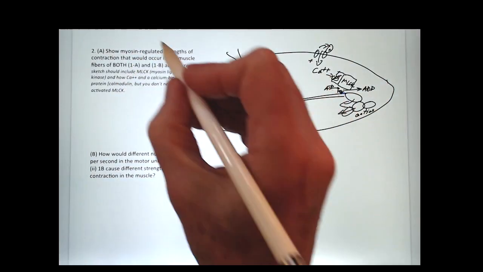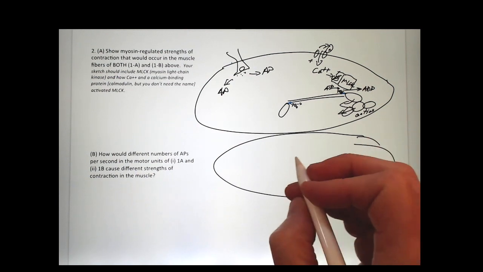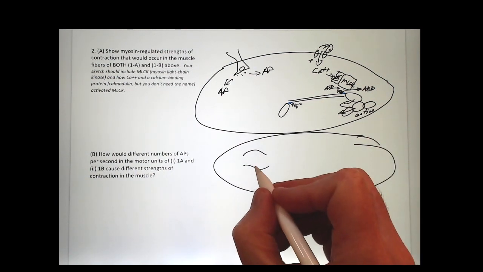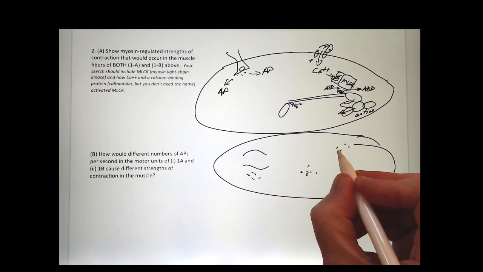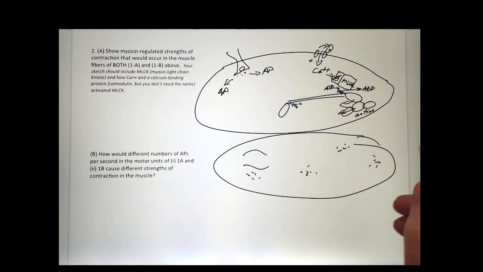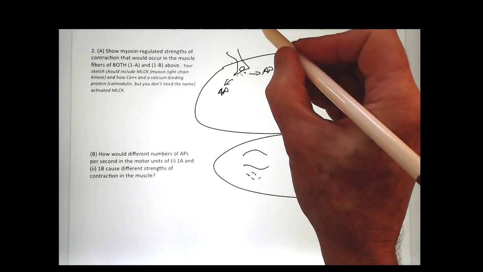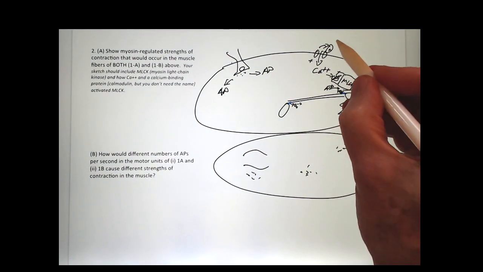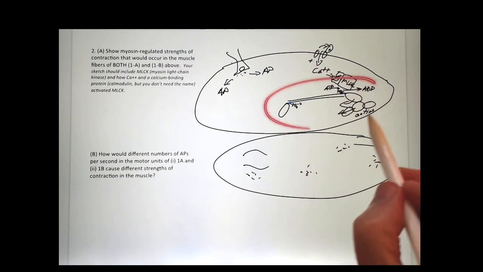So let's look at the other one. The other one from 1B had varicosities at various places that were releasing neurotransmitter. So we have multiple locations where a neurotransmitter is being released. At each of those locations, we're either going to use an ionotropic receptor that maybe lets sodium in, and that opens voltage-gated calcium channels, and we can have exactly the same pathway.